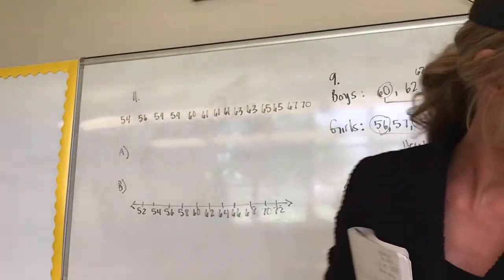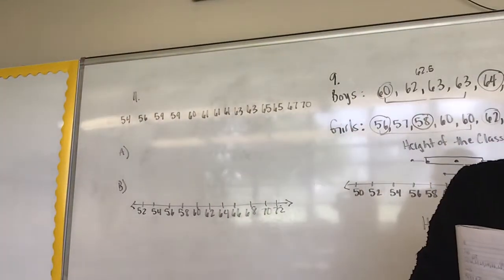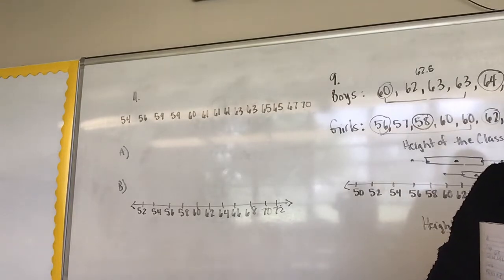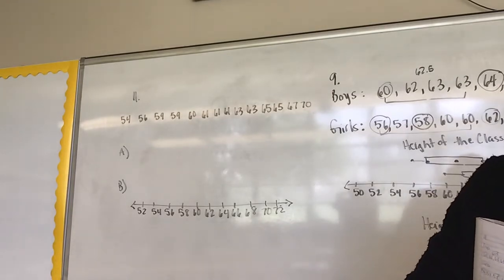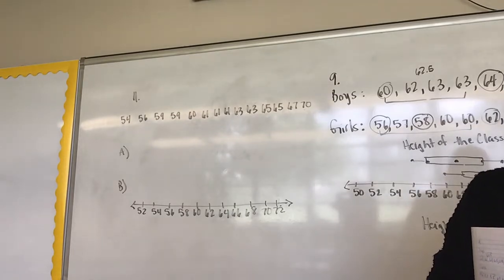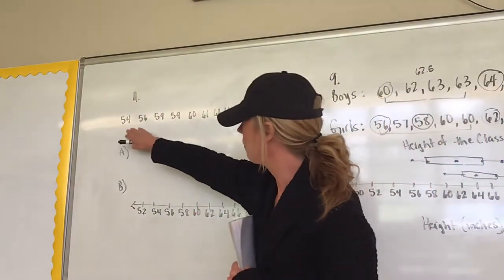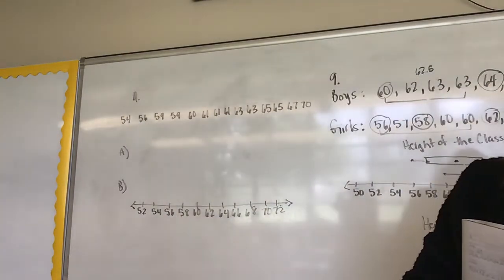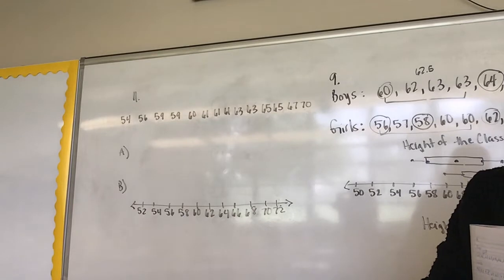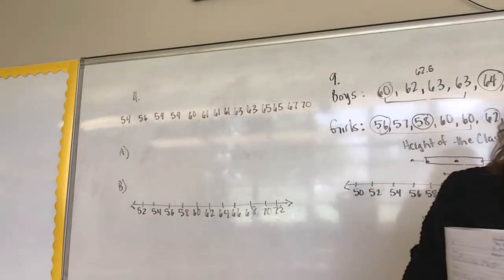Okay, number 11 asks you this. It said the number of words per minute that students can type at the end of the first semester are shown in the dot plot. Okay, so for every dot that I saw, I just started making our list. Now, first of all, we have 14 observations because there's 14 dots in that dot plot.